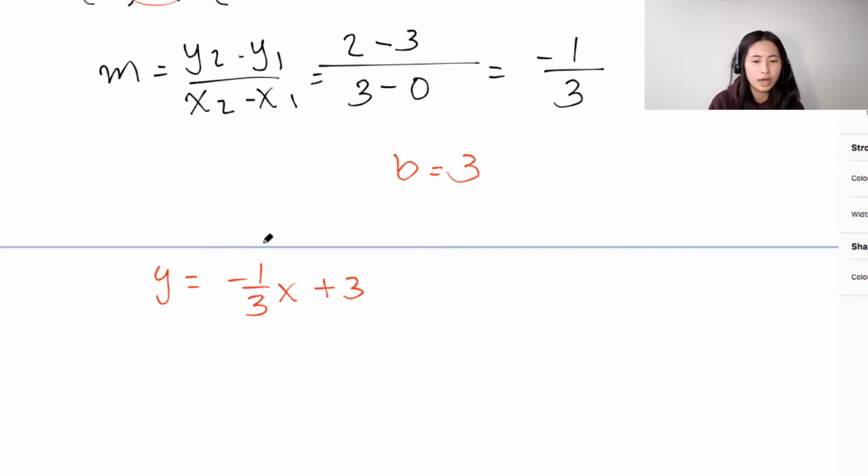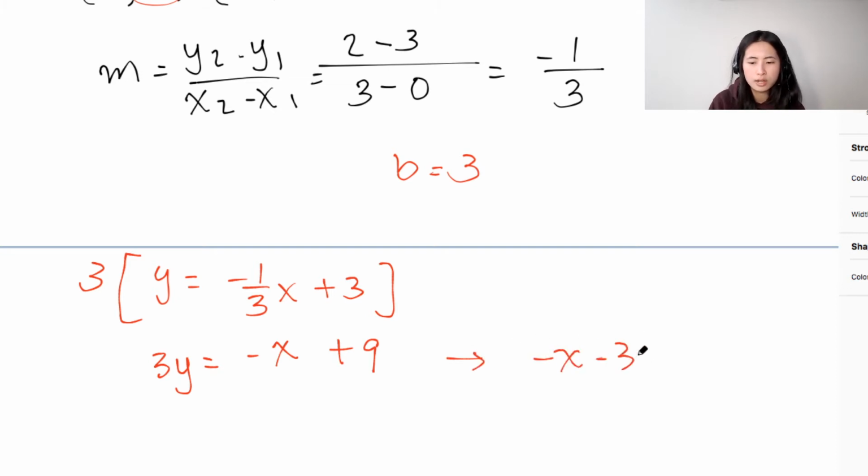For this 3 to become a whole number, you need to multiply your entire equation by 3 to eliminate the denominator. So you would have 3y equals -x plus 9. Does that make sense? Rearranging, 3y is equal to -x plus 9.